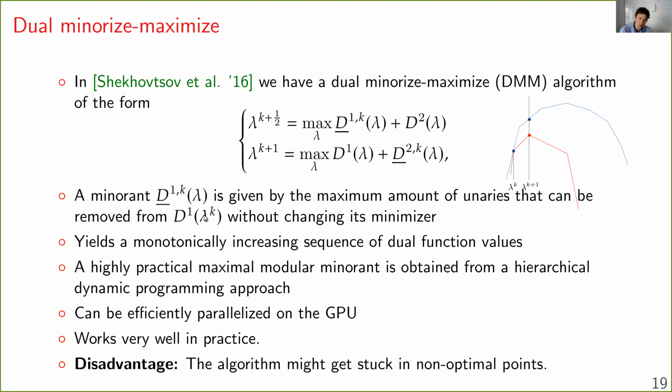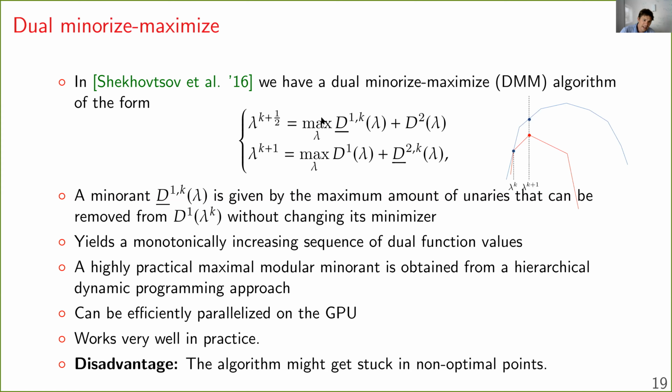And once you've done this, you take those unaries and add them to the second function, because the second function, which is still original, can still be solved together with the unaries removed from the first. And of course, you have to make sure that it must be a valid minorant, so that in the iterate lambda k, the value here is equivalent to the original problem, and that overall it's a minorant to your problem. And clearly, this algorithm yields a monotonically increasing sequence of dual function values.